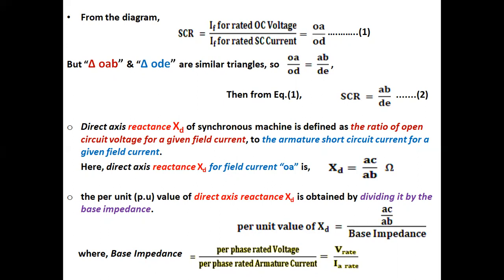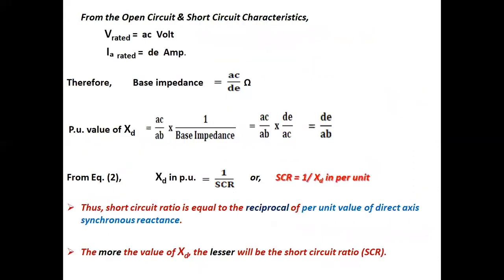The per unit value of direct axis reactance XD is obtained by dividing it by the base impedance, where base impedance is equal to per phase rated voltage divided by per phase rated armature current, V rated by IA rated. From the open circuit and short circuit characteristics, V rated is equal to AC volt and IA rated is DE ampere.